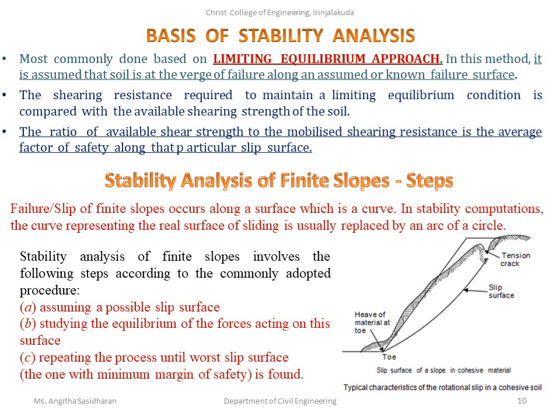The major point is that it is based on the limiting equilibrium approach. We assume the soil is at the verge of failure along an assumed failure surface, find how much shearing resistance is required to maintain limiting equilibrium, compare it with the available shear strength, and take the ratio, which is the factor of safety.